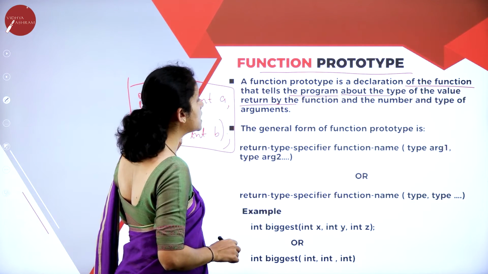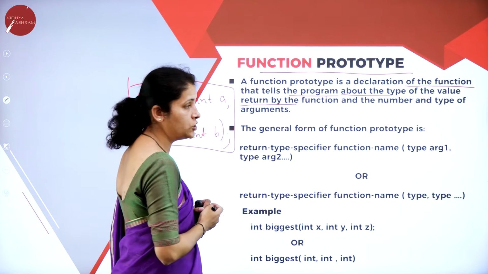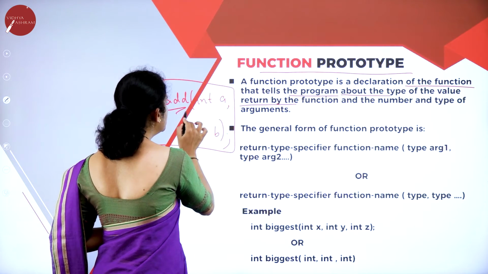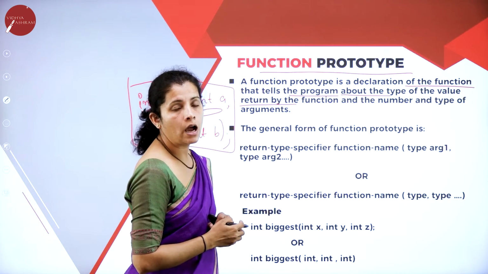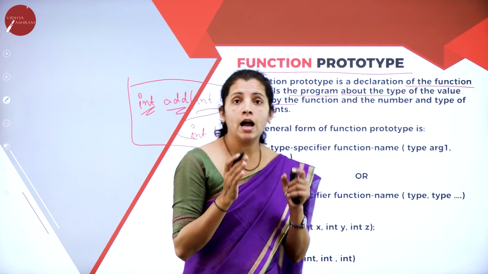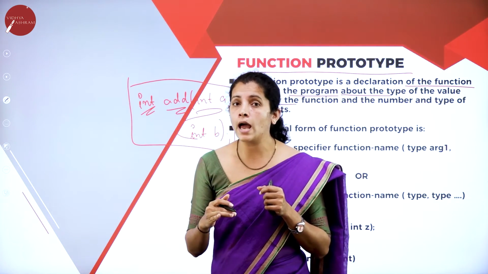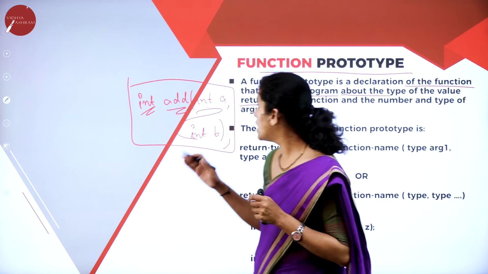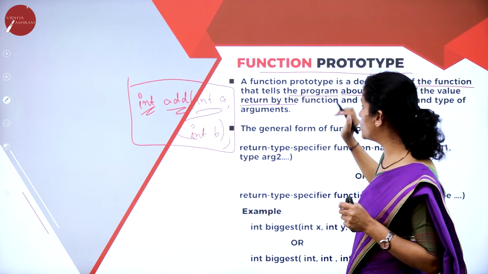This tells the compiler about the return type of the function and the function name along with the argument list. If I'm going to write the function below the main program, in that situation, I need to write the function prototype in my program.